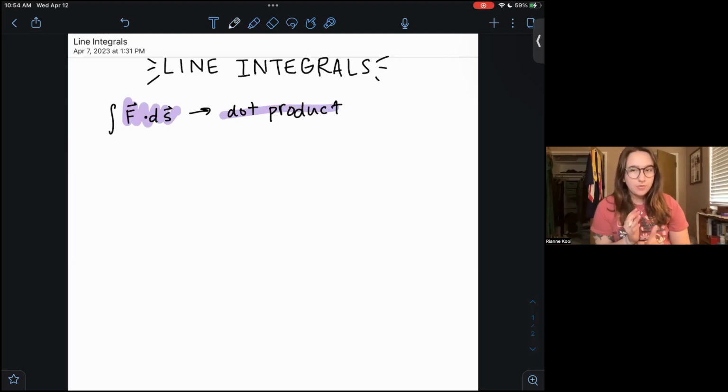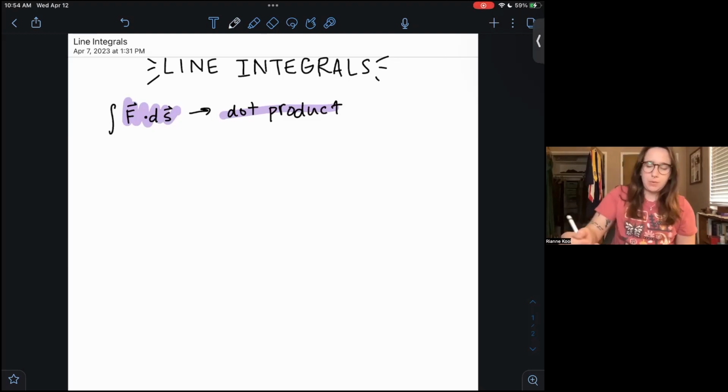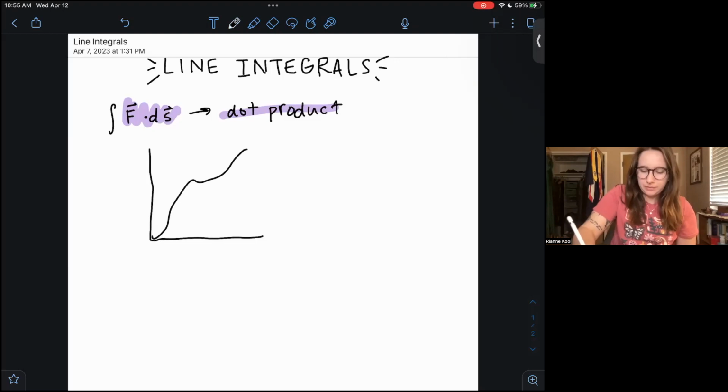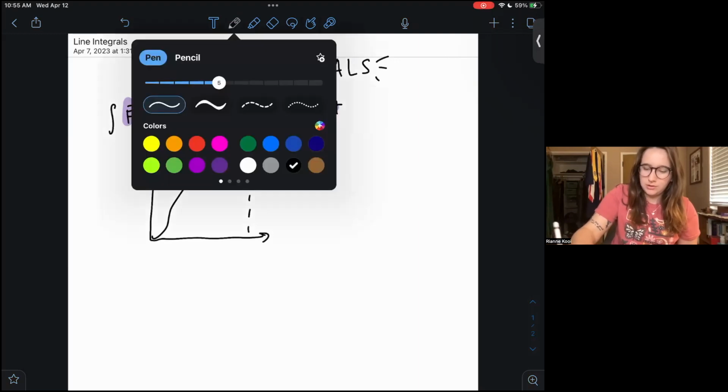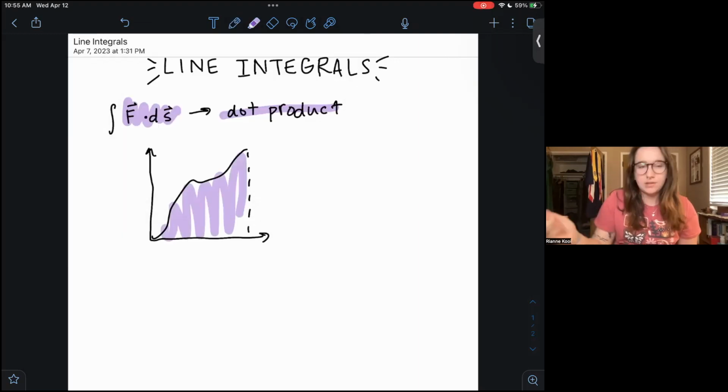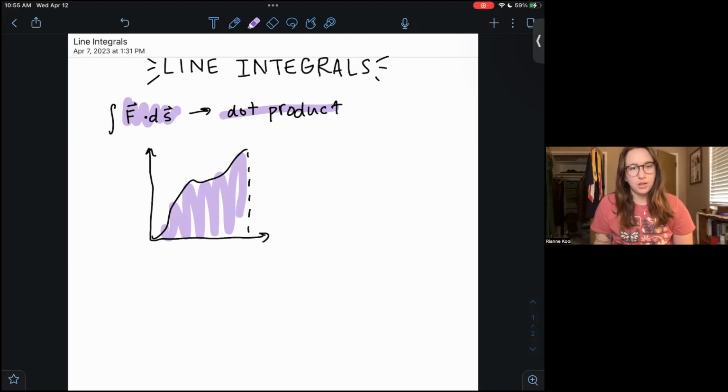When you think of a normal integral, you think of some function that looks like this, right? And you want to find the area under this curve, right? So you want to find this right there.